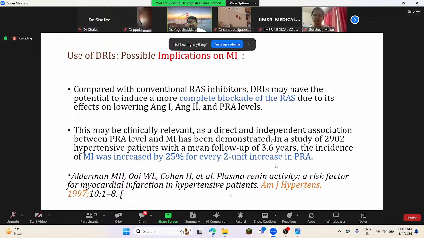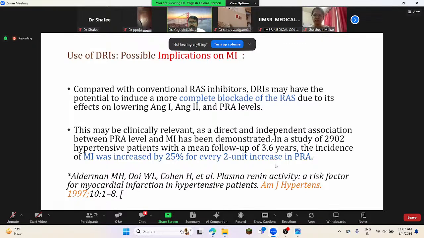With ACE inhibitors or ARBs, there will be an excess of renin in the body, and that will have deleterious effects on the cardiac tissue.